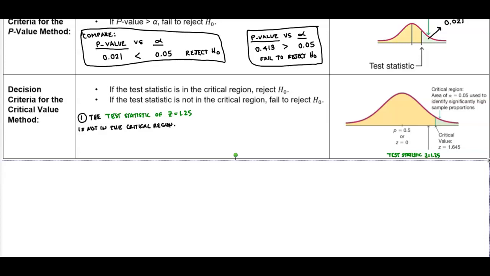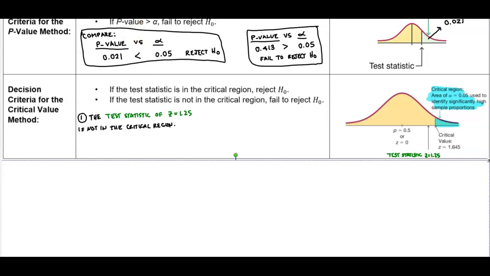Okay, so you can see here that it's to the left of the critical value, and the critical region is what's shaded there, because the critical region is what is shaded. So again, here is our critical region. This is our critical region that's shaded here. Okay? And so that is to the right of the critical value in this scenario.